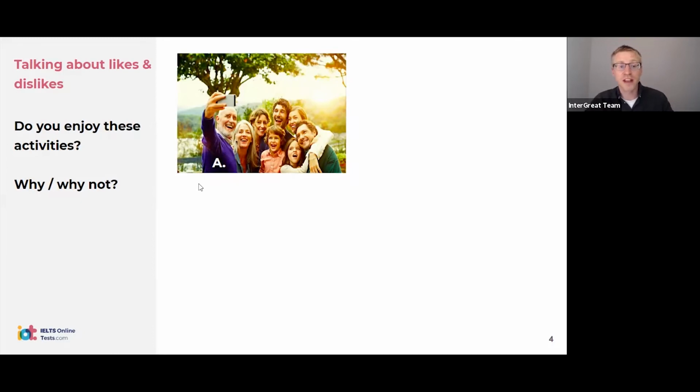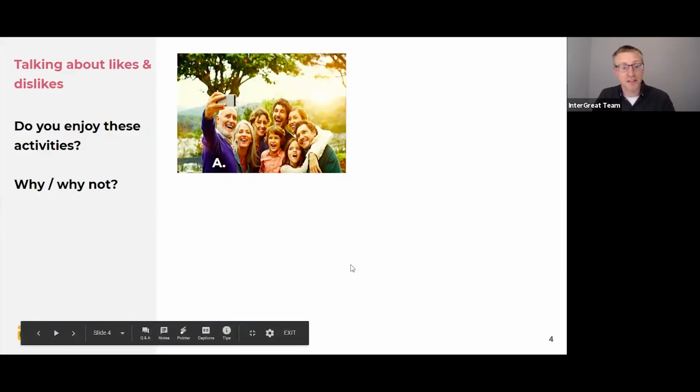So if they ask you, do you enjoy photography? And you say yes, they have to ask why. So you can save them the trouble. It's much easier to say, yes, because this will develop your answer. Always give the reason, okay?